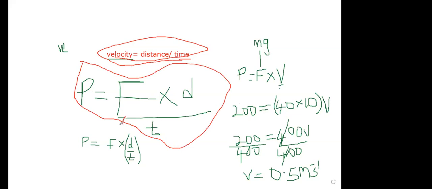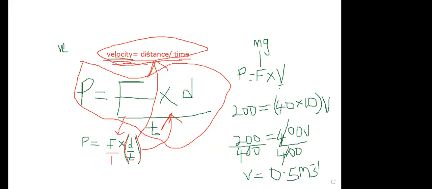So we came down here, and we separated them, where we had force times distance over time. We put the time only on D, because if you know about multiplication of fractions, F is the same as F out of 1. So multiplying the two will take us back to what we have there. Instead of having my power as force times distance over time, now I put distance and time together so that I can bring out the velocity.